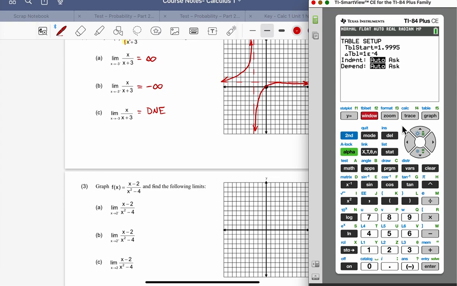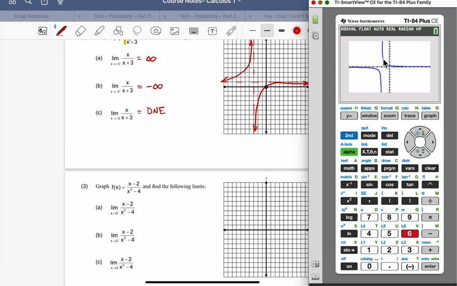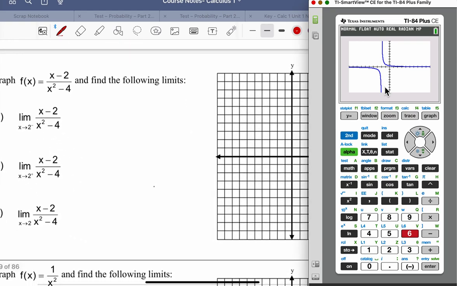All right, so take a look at the picture. We'll do a zoom 6. You see that there's a vertical asymptote at this location over here, which appears to be -2. All right, so we're going to rely on that. I'll draw my vertical asymptote. I know that this curve is going downhill.